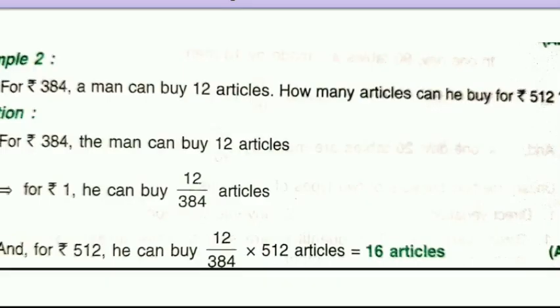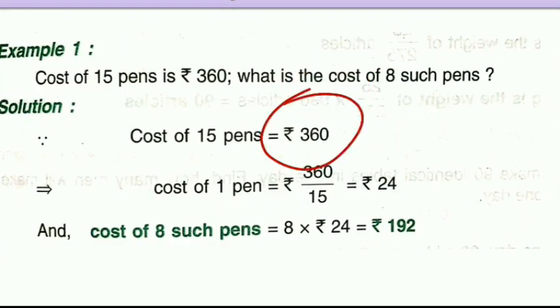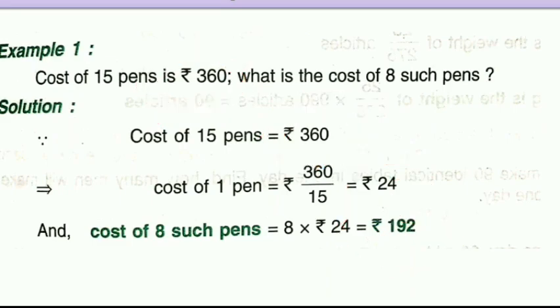Obviously, the article was there, so no unit will be there. Here we had to find the cost, so cost will be represented in the unit, and that is rupees here, because cost has been given in rupees, so the answer will also be in rupees only.